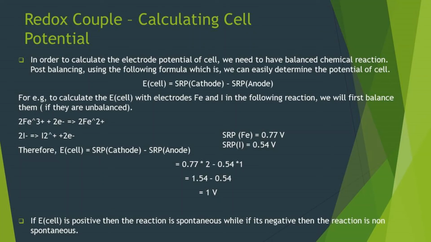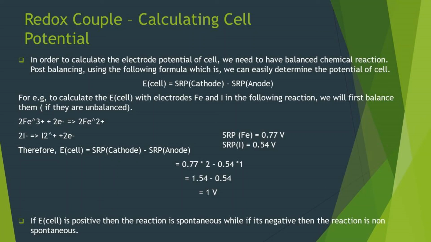For example, to calculate the cell potential with electrodes Fe and I in the following reaction, we will first balance them if they are unbalanced. 2Fe3+ plus 2e- gives 2Fe2+. 2I- gives I2 plus 2e-. Here the SRP of Fe is 0.77 volt and the SRP of I is 0.54 volt.